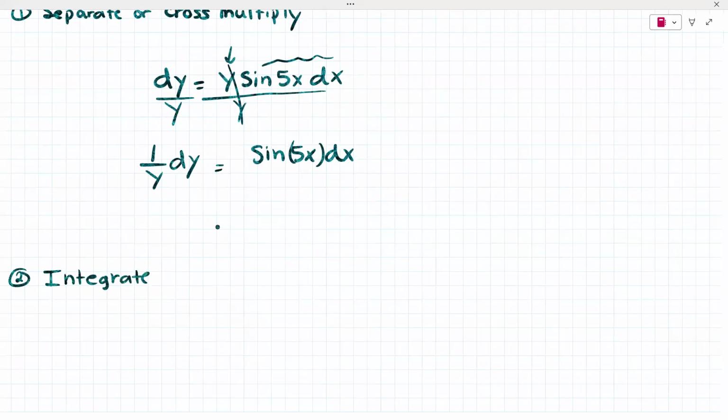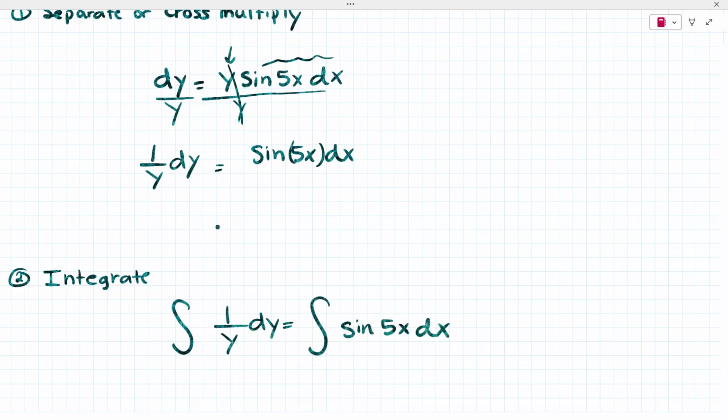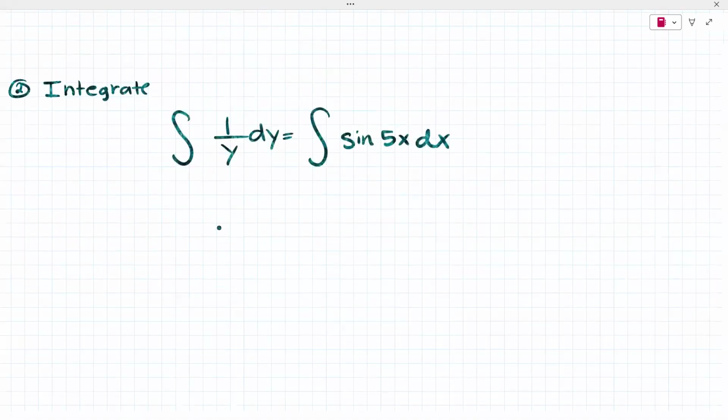Go ahead and integrate left and right. So it's going to be the integration of 1 over y dy, and this is the integration of sin of 5x dx. What is the integration of 1 over y dy? It is the ln of the absolute value of y. Over here, how do you integrate sine of 5x dx? Yes, you have to do u substitution.